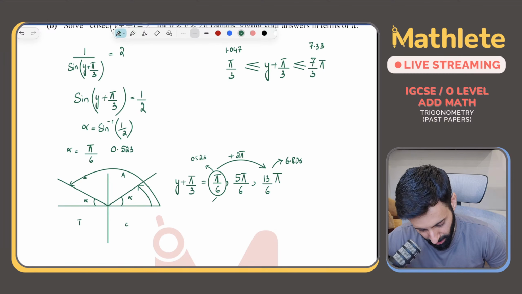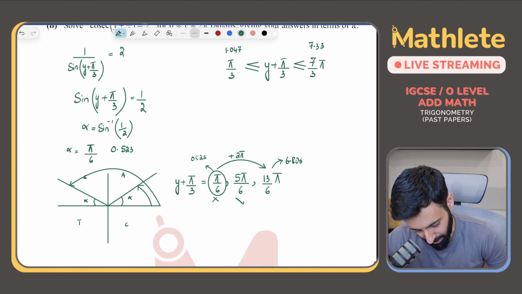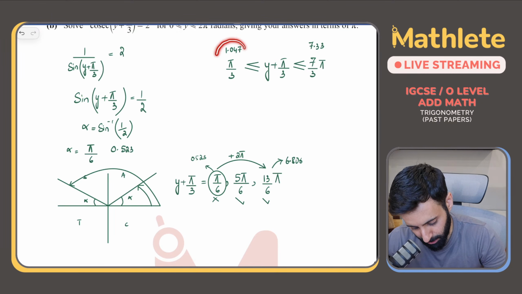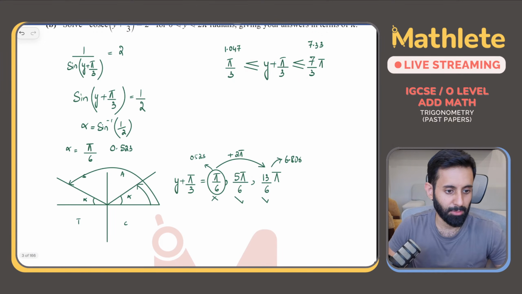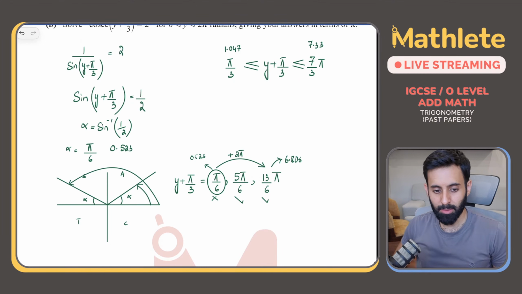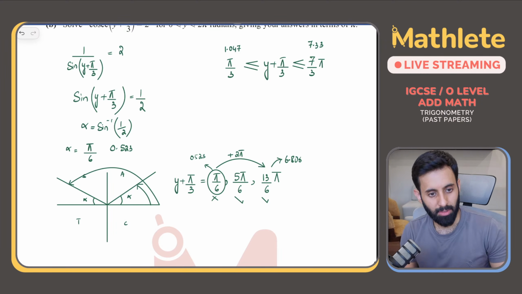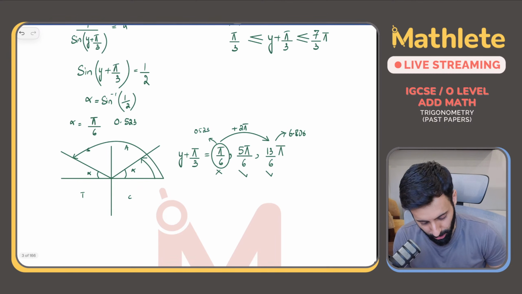So we will not consider this solution. The only two solutions that we will consider are 5 pi upon 6 and 13 pi upon 6. That is why I wrote the decimal value of pi upon 3 and of 7 upon 3 pi, so that it's easy for us to compare the values that we get with the range that is given to us, and decide which solution to consider and which not to consider.